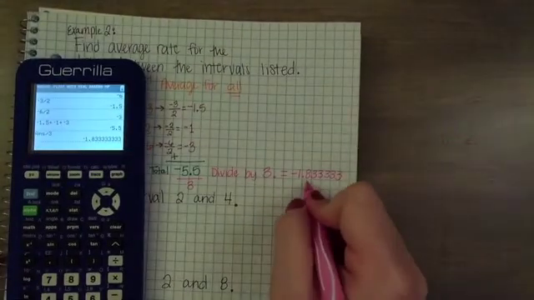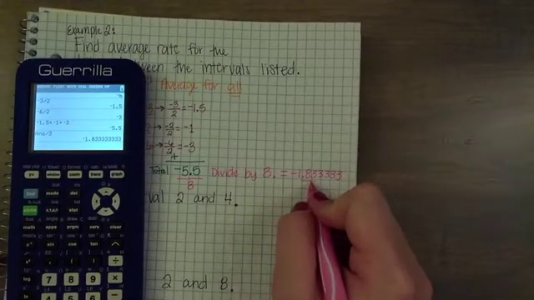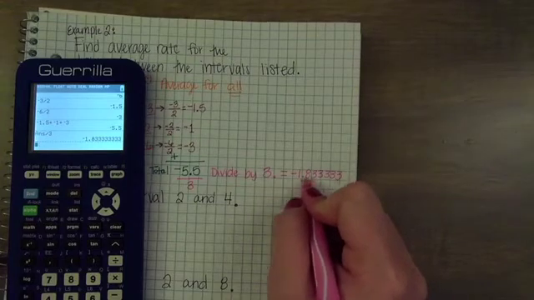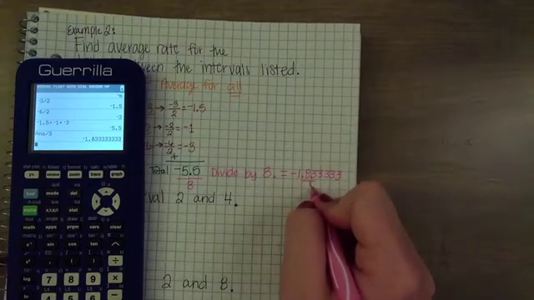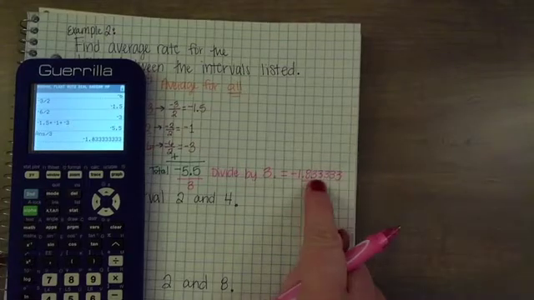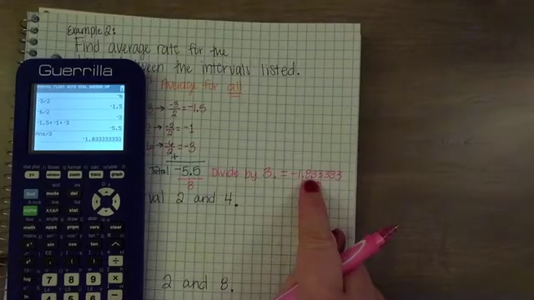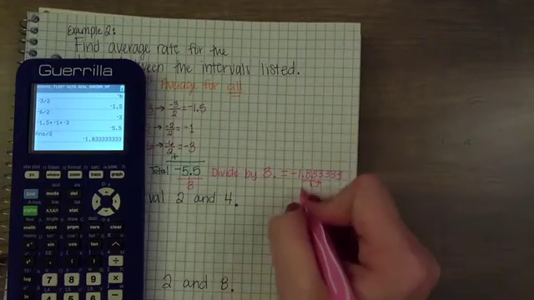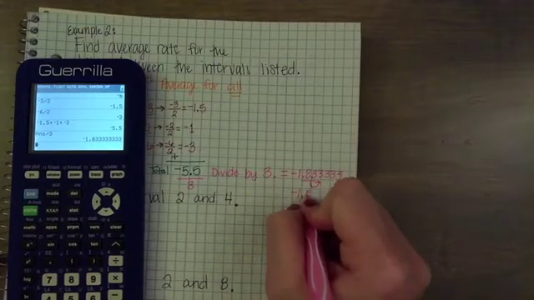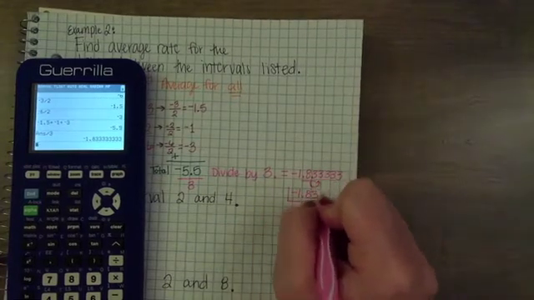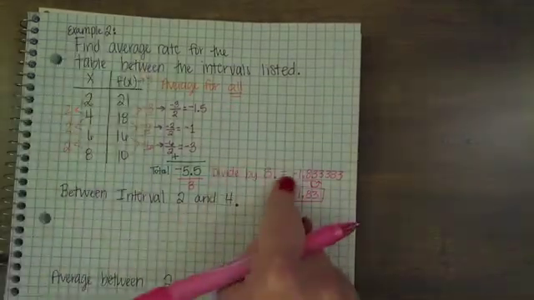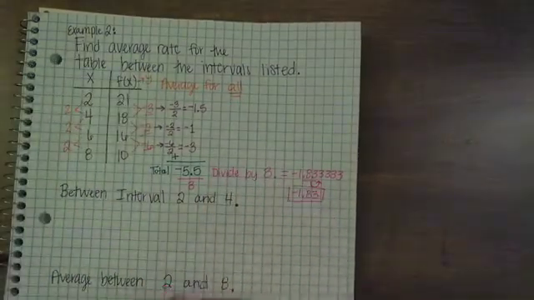On the assignment, it was rounded to the hundredths, so I want hundredths place, which is 2 decimals. So I'm going to look at the third. Does that 3 round up or does it stay the same? It would stay the same. So our average rate for all of them is this.